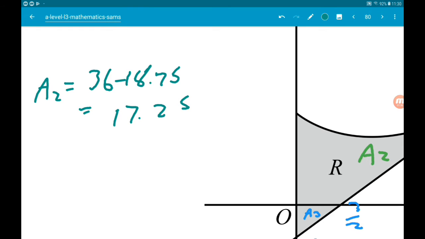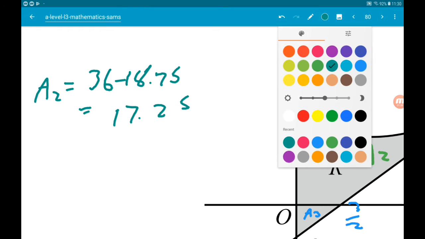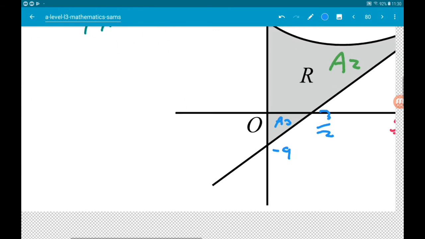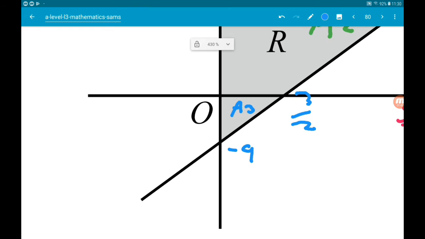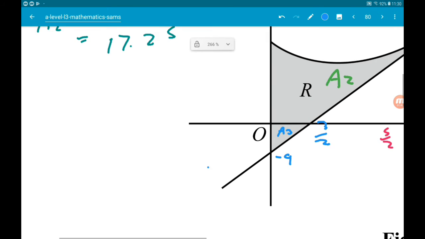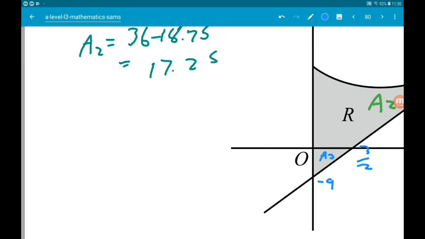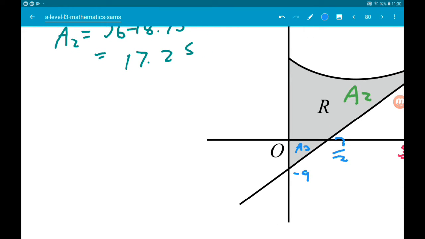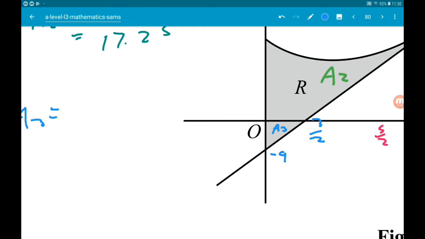So all we need to do now is find the area of A3 and add that on to 17.25. So A3, again it's a triangle, this time it has a base of 1.5 or 3 halves and a height of 9. So this time we're doing 1.5 times 9 over 2.